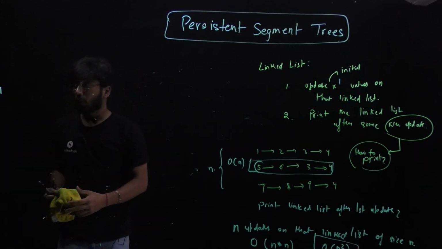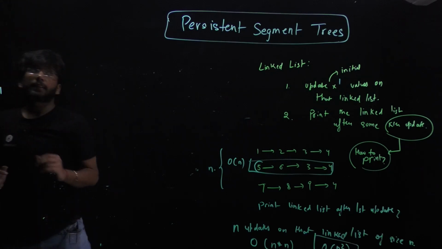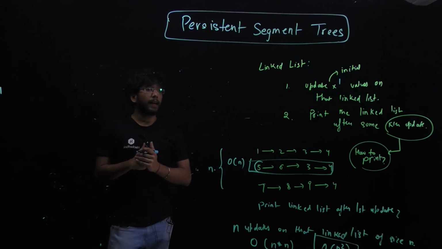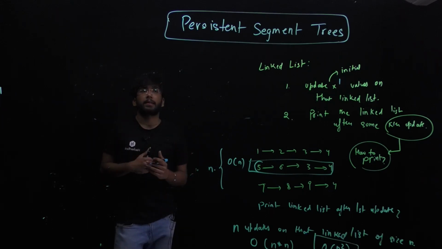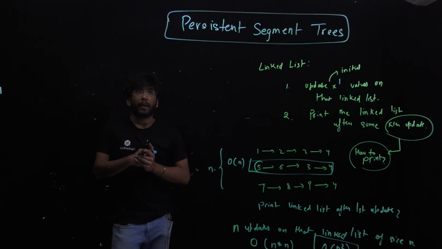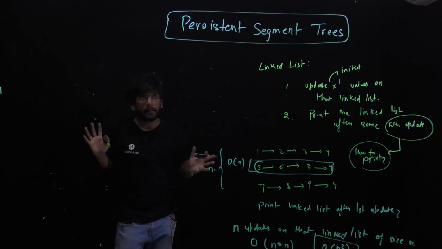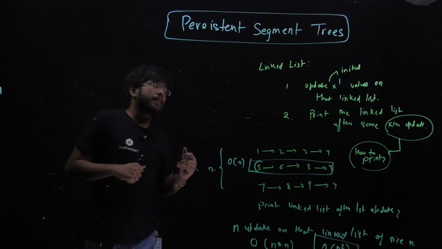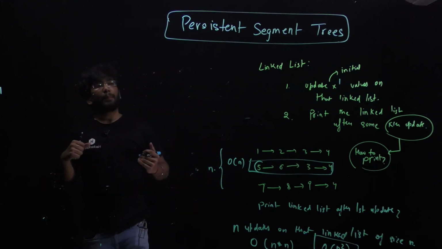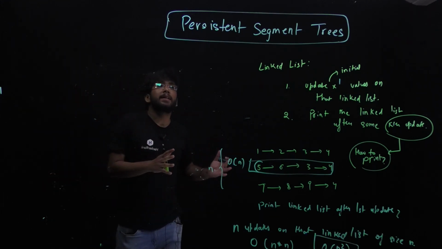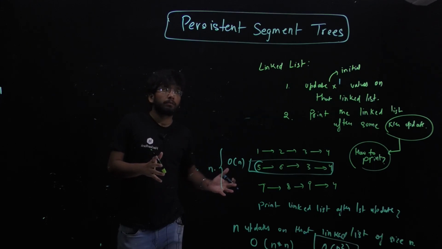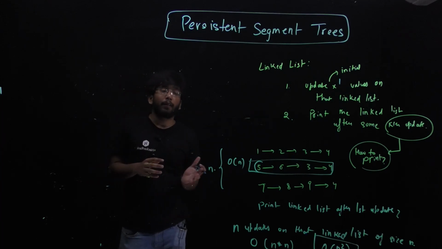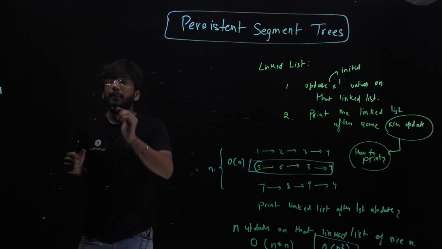Yeah. So coming on to the topic, persistent segment trees. So as we have got the clear idea of what persistence in data structure actually means, now we can easily understand what persistent segment trees would actually function like. So a persistent segment tree would actually keep all the updates that are taken place on that segment tree persistent, or we can say that it will retain all the updates that are taking place.